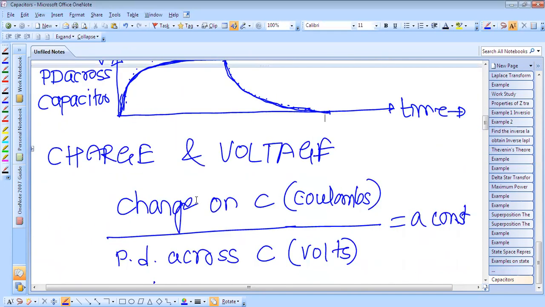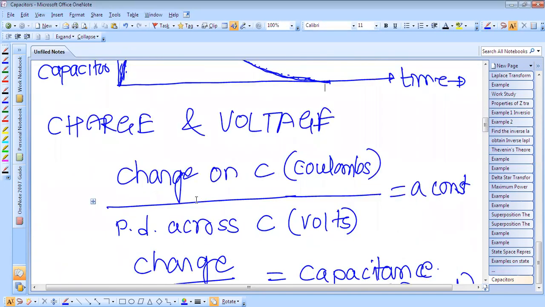Now, the charging and discharging of the capacitor we have to measure accurately, and this ammeter will not show accurately how the current changes. We cannot measure the charge accurately, and therefore we have to use an instrument, a ballistic galvanometer, for the accurate measurement of the charge.